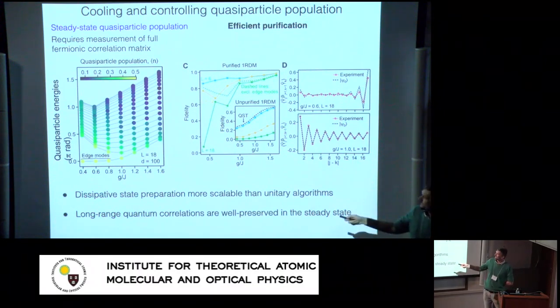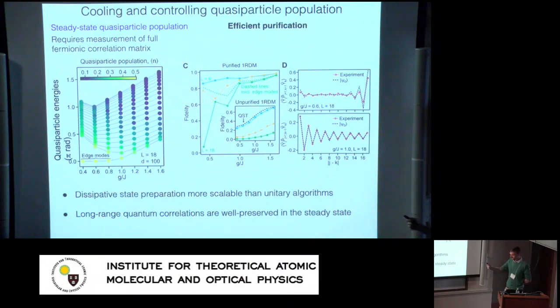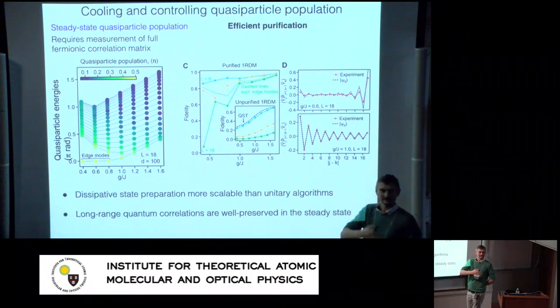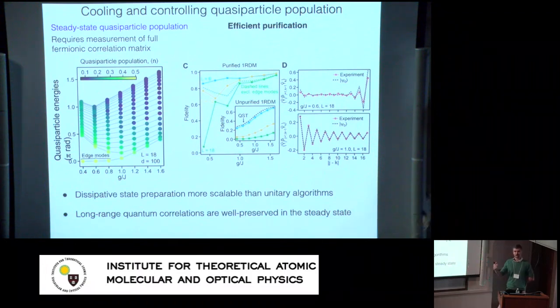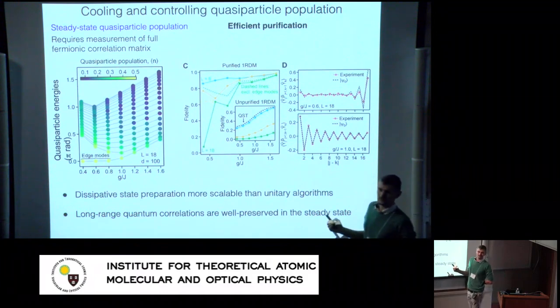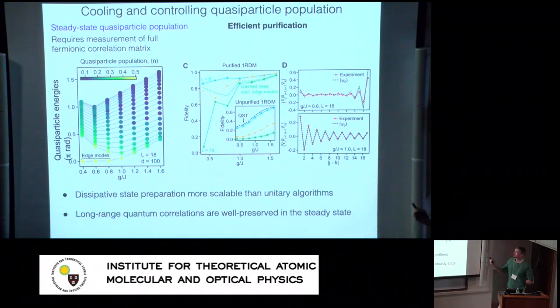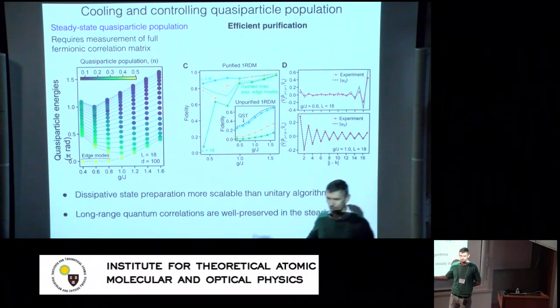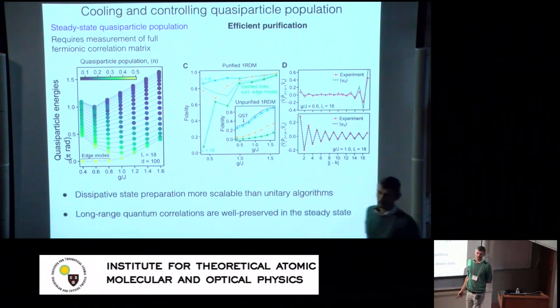Ultimately, what limits the cooling is uncontrolled noise in the system. Another nice property is that, although your steady state has some population of quasi-particles, it can be purified efficiently. In other words, if you look at the steady state correlation matrix, you find its eigenorbitals are very close to your true quasi-particle orbitals.